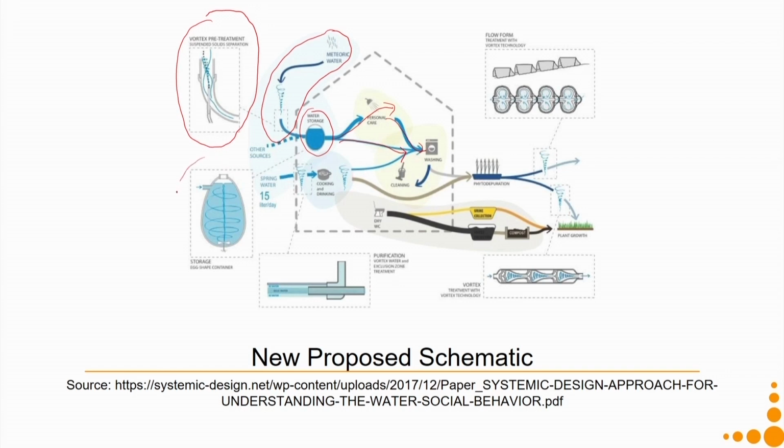Another system is the storage in the egg shaped container. From here you get spring water which you can use for cooking and drinking. The waste coming from here can be used for gardening purposes, or it can be taken through the phyto depurification process.